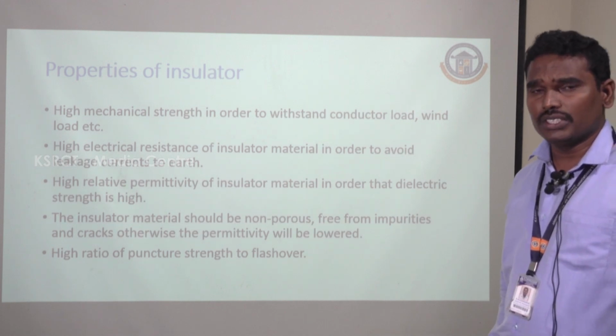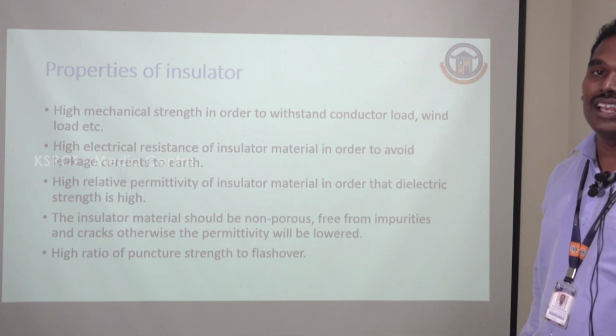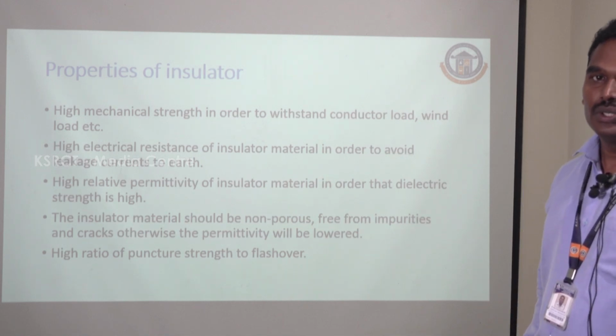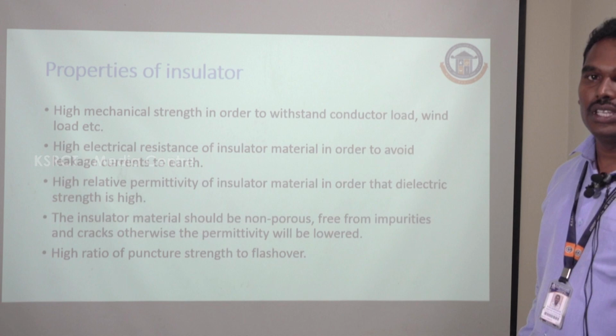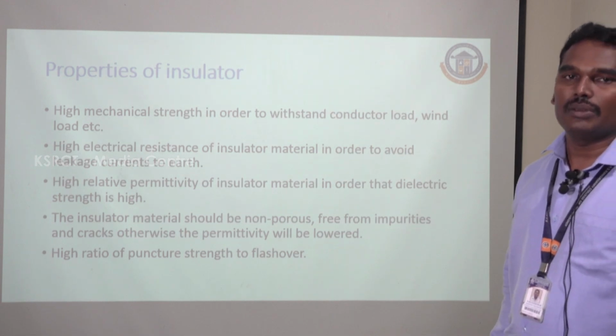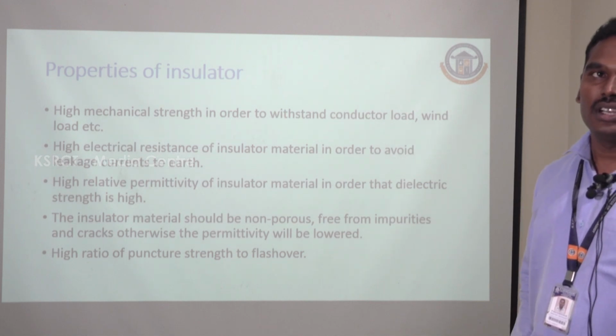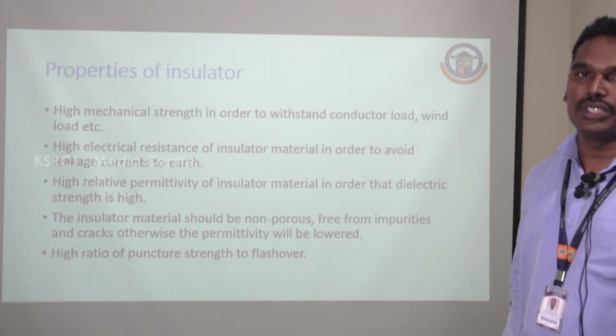If the material does not have high permittivity, the dielectric strength will be very low. Then the insulator can easily break down whenever we face a voltage spike or rise in voltage.